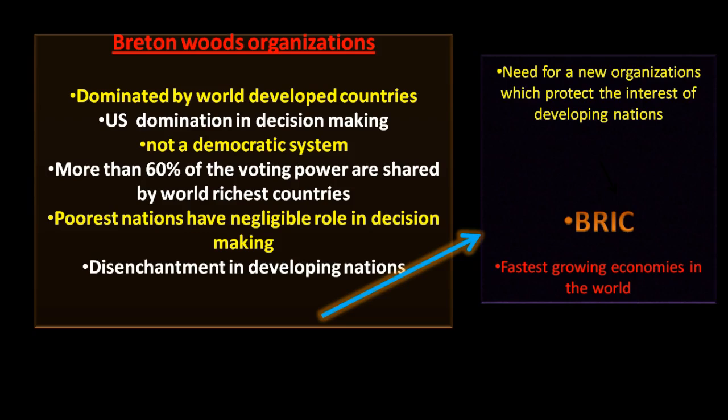The interests and ambitions of these developing nations are neglected by the Bretton Woods organizations. So there is a need for a new organization which protects the interests of developing nations. This is one of the important reasons behind the formation of BRIC, the association of the fastest growing economies in the world: Brazil, Russia, India and China.